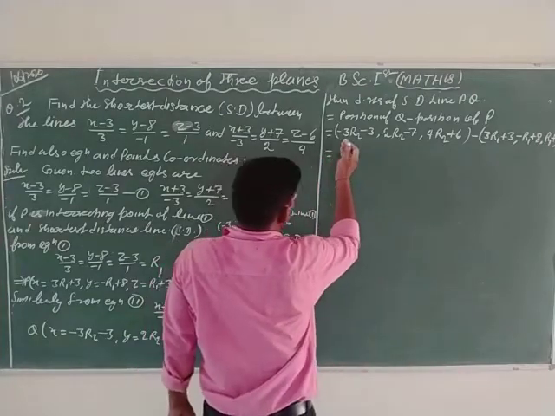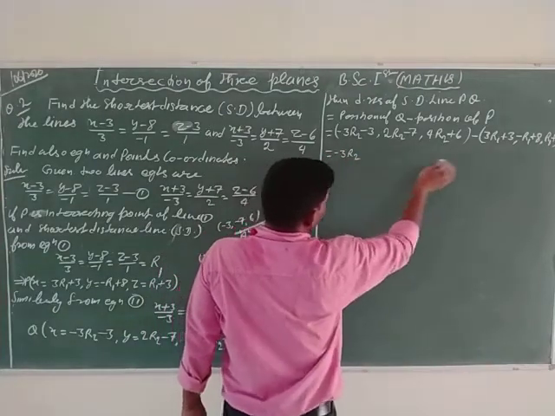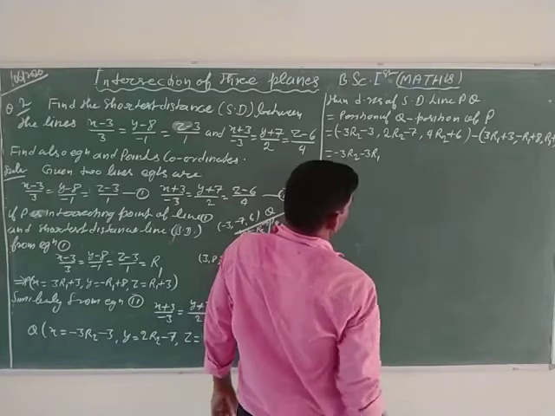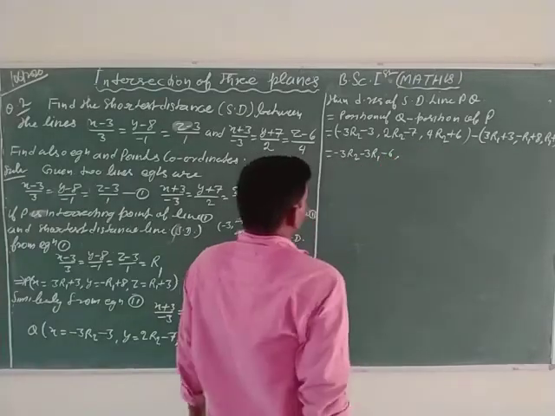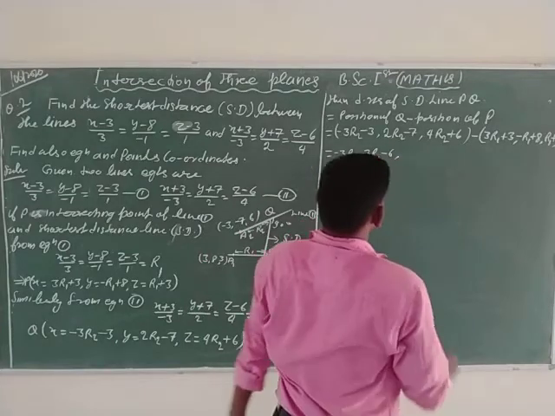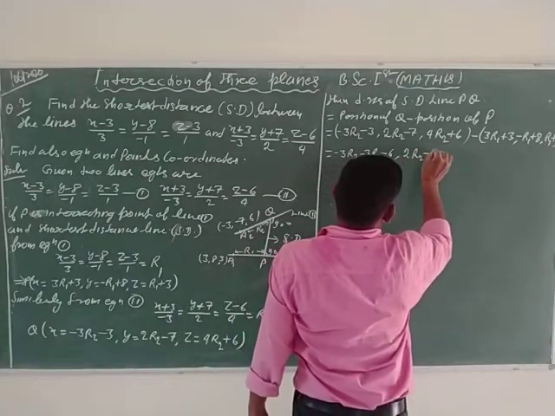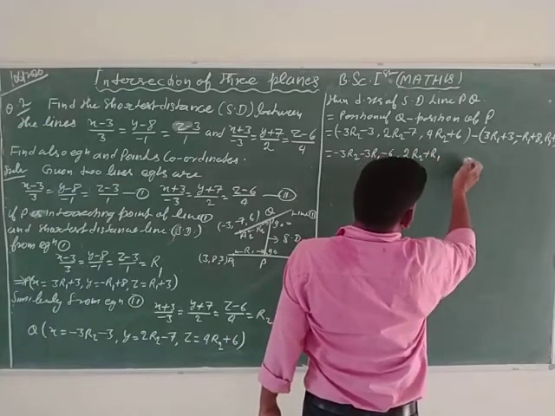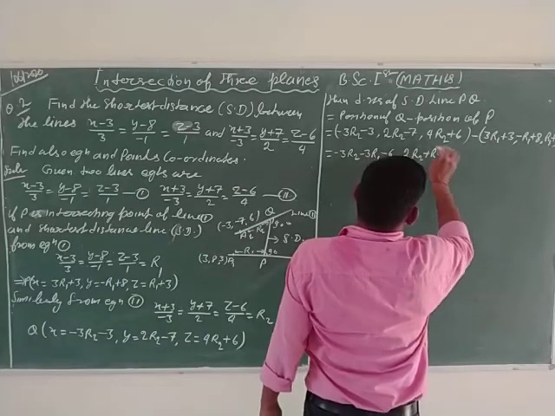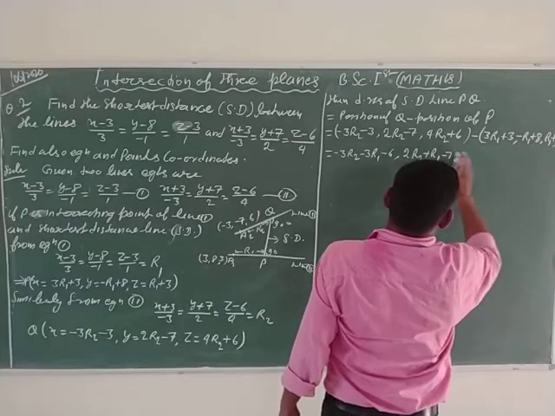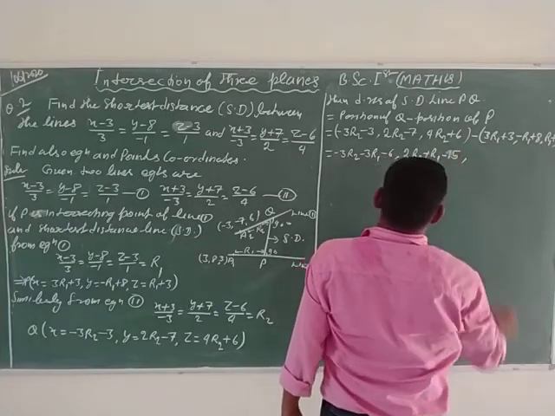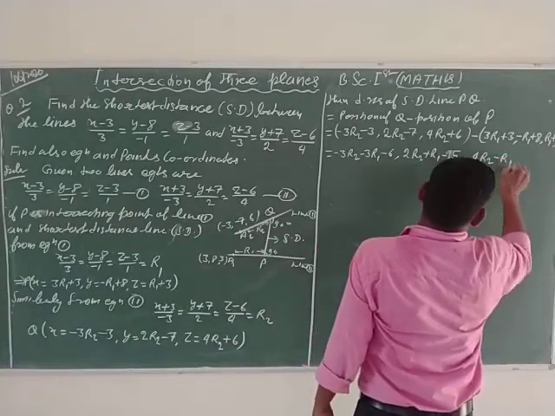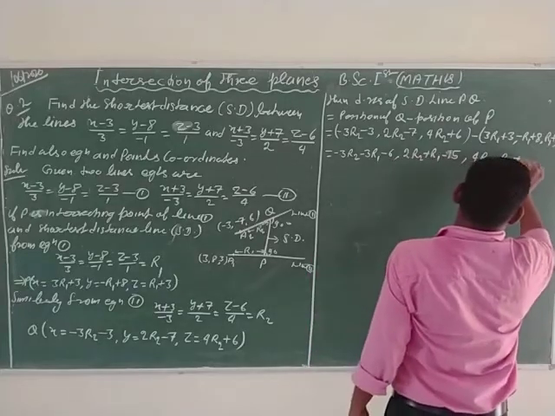So simplify this: minus 3 R2 and minus 3 R1, minus 3 and minus 3 is equal to minus 6; then 2 R2 minus 7, 2 R2 plus R1, and minus 7 and minus 8 is minus 15; at last the third is 4 R2 minus R1, and 6 minus 3 is equal to plus 3.